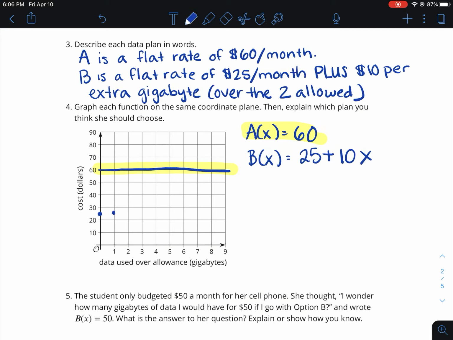So it's still 25 for the first 2 gigabytes, then it's going to start going up by $10 per gigabyte. And we're going to connect it. So here is your B of x, because it allows you to have 2 gigabytes before it starts increasing for your extra.